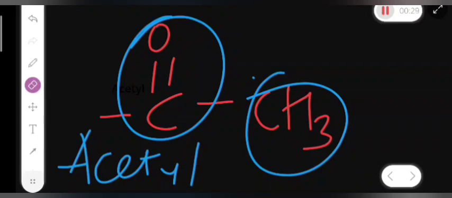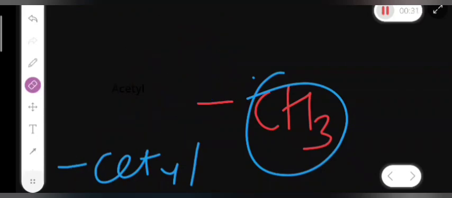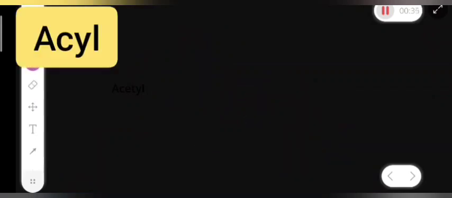Now once it is done, we'll move to the acyl group. Let us understand what acyl is. For understanding acyl, let me just give you a glimpse of a carboxylic acid. For example, we have this one.